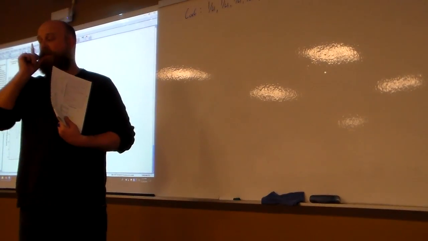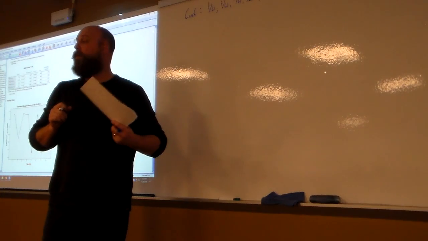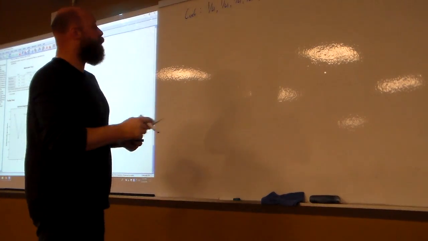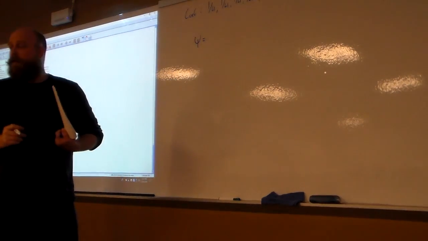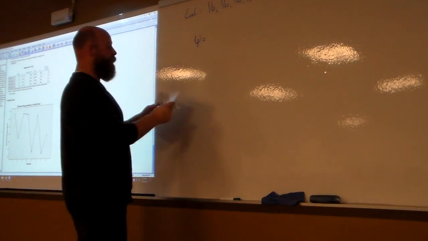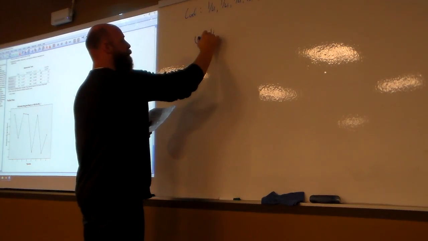Now, will SPSS do this for us? No, it won't. So I'm going to have to do this by hand. The value of my contrast here, I'm going to shortcut using algebra.